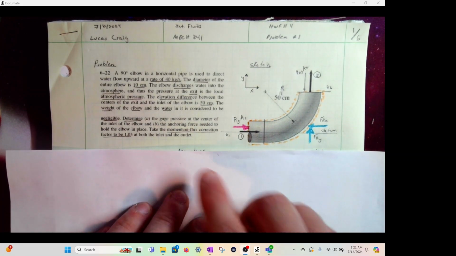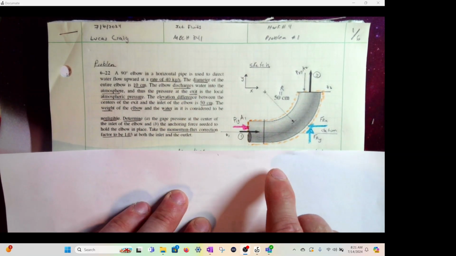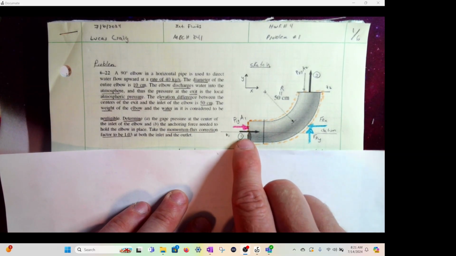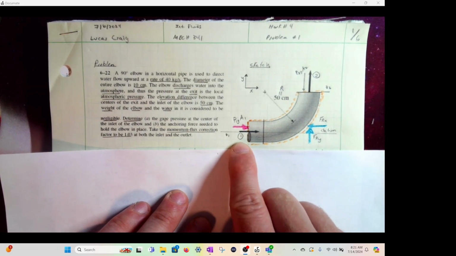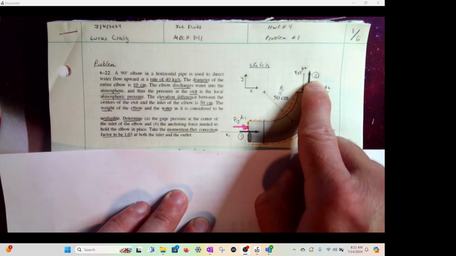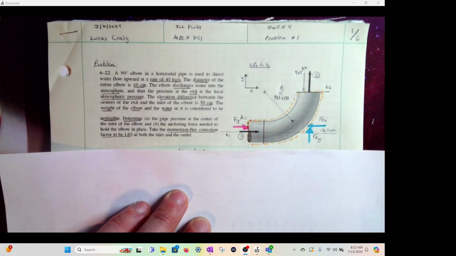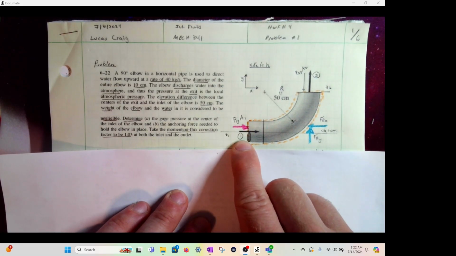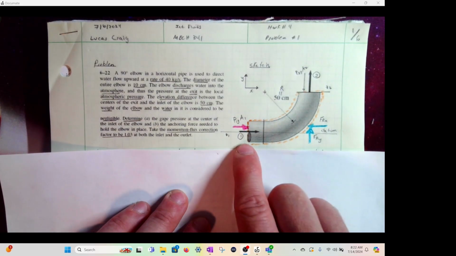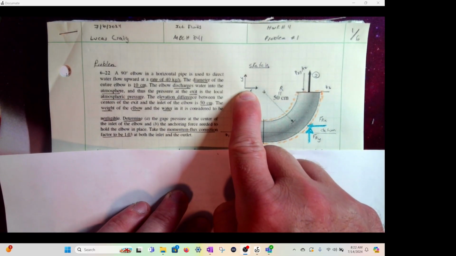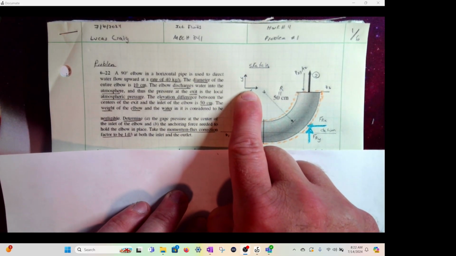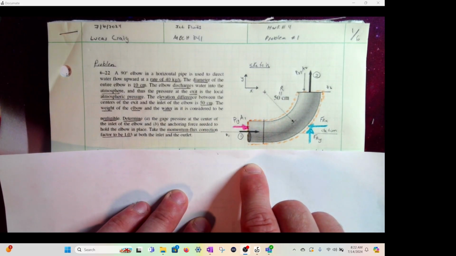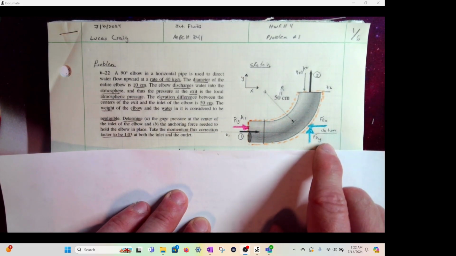All right, so a lot of keywords. Over here, again, I labeled coming in state 1, going out state 2. You can put V1 and V2, it's up to you, but I labeled them. I put in a coordinate system, X and Y, with a straight edge. And then I labeled my forces.